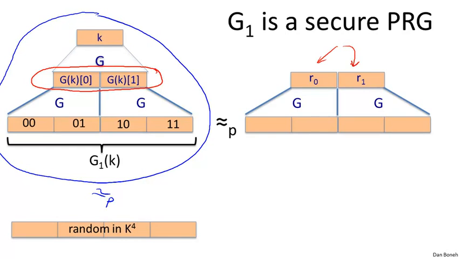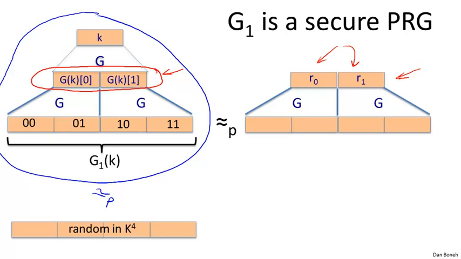In fact, if you could distinguish these 2 distributions, it's easy to show that you would break the original PRG. The reason we can replace the output of G with truly random values is exactly because of the definition of the PRG, which says that the output of the PRG is indistinguishable from random, so we might as well put random there, and no efficient adversary can distinguish the resulting 2 distributions.